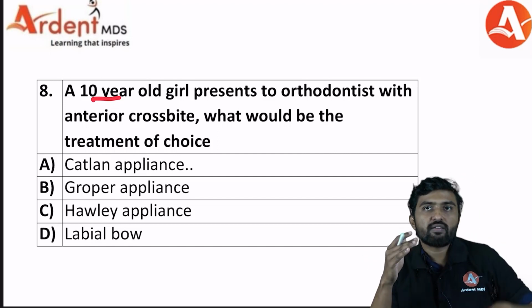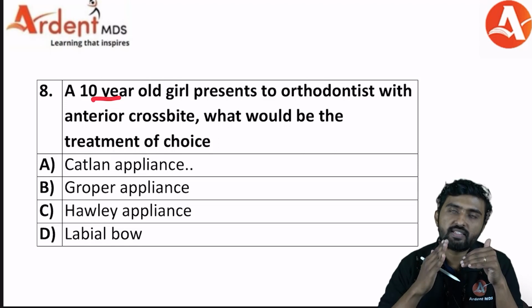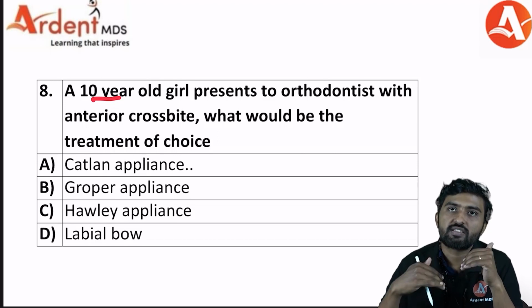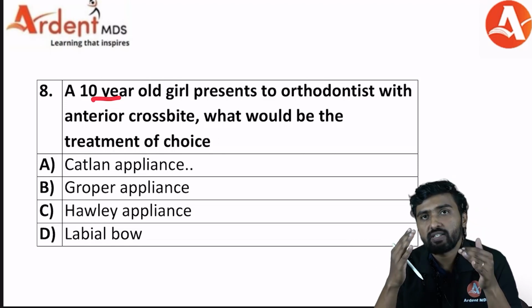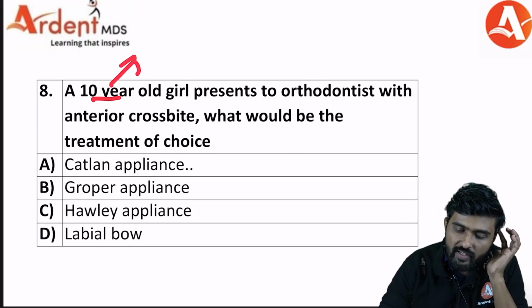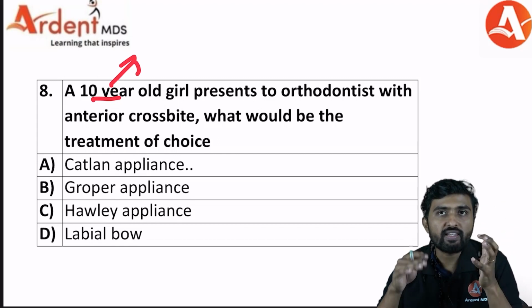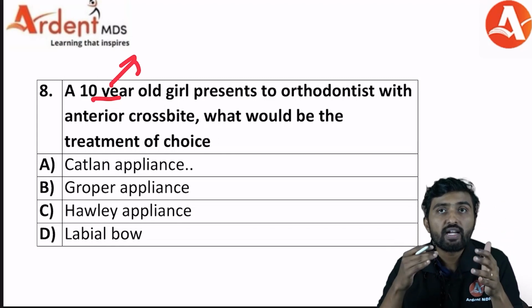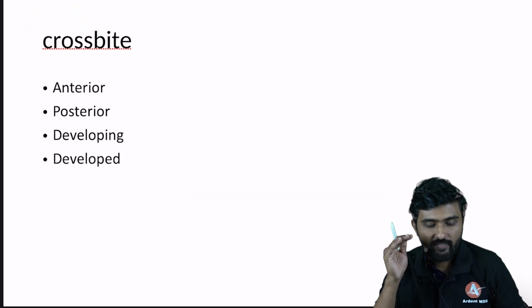What is a crossbite? When the lower incisor is ahead of the upper incisor, or in simple terms, when the patient has a reverse overjet. At the age of 10, the incisors would either be completely developed or nearing completion of development.